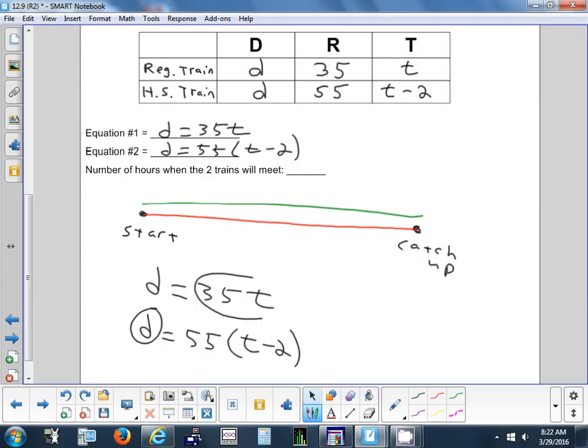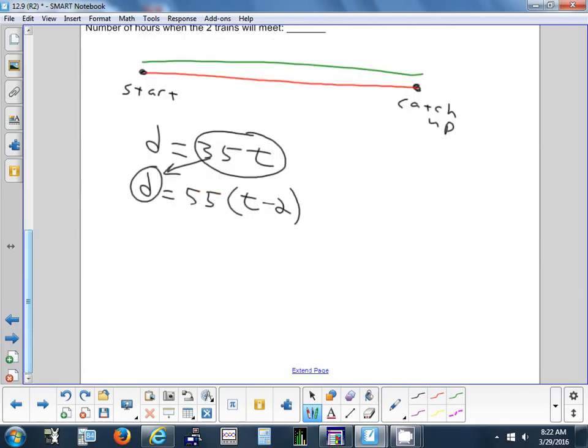Perfect. 35T. So you take 35T, plug it in for D. All right. And now let's see what we got. 35T equals 55 times (T-2).